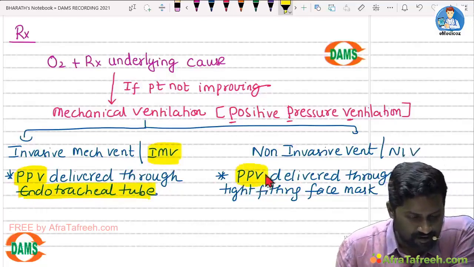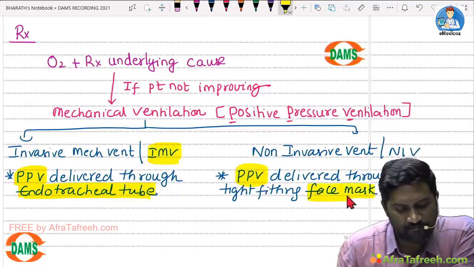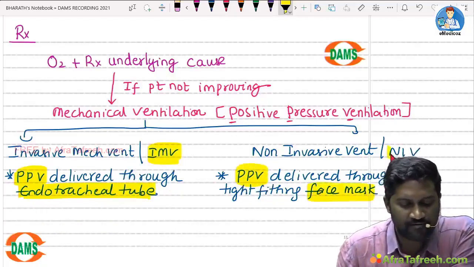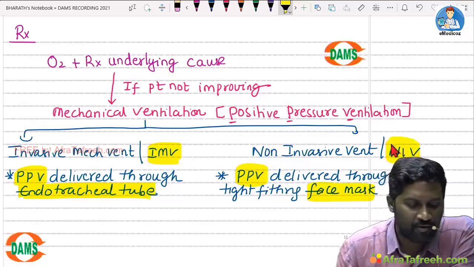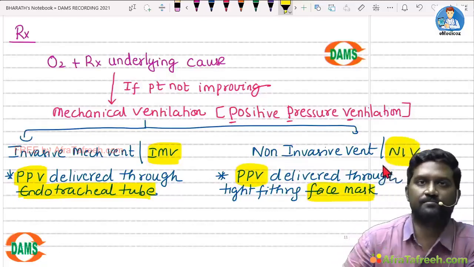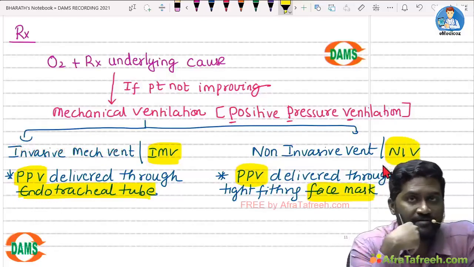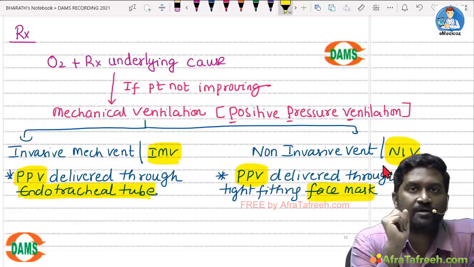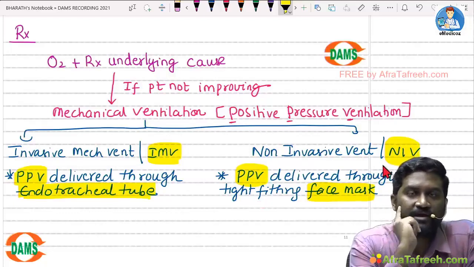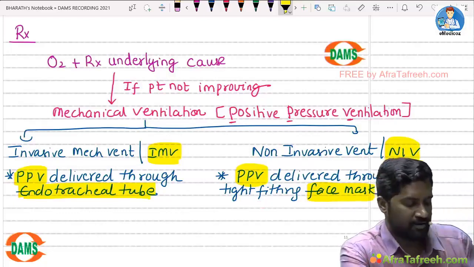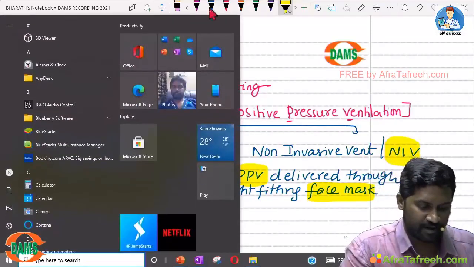Positive pressure ventilation through a tight fitting face mask is called non-invasive ventilation. Now I'll show you some images. By seeing those images, you should tell me what is invasive mechanical ventilation and what is non-invasive mechanical ventilation.